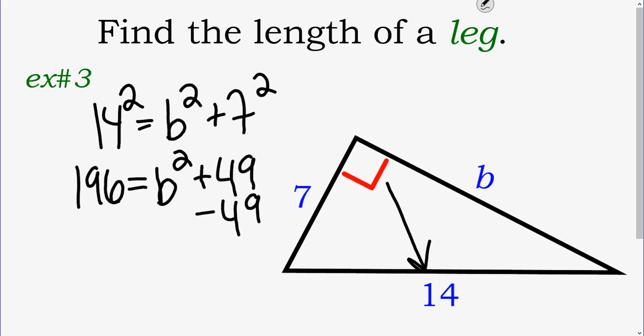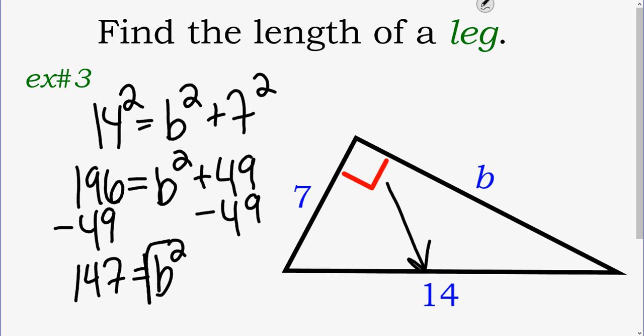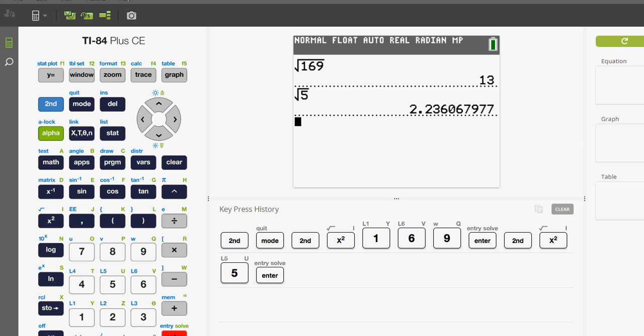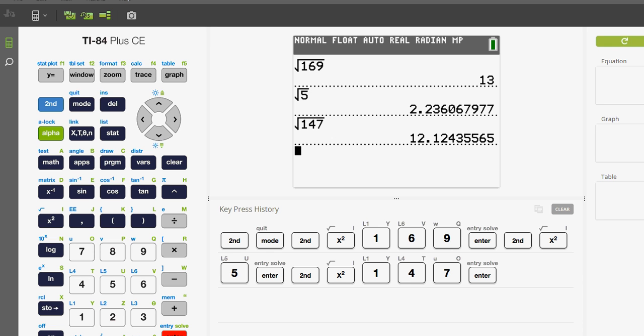So we're going to subtract 49 from both sides, and that gives me 147 equals b squared. And then we want to get b by itself, so we're going to do the inverse operation to get rid of the squared by taking the square root of both sides. And when we type in the square root of 147, we get 12.12.